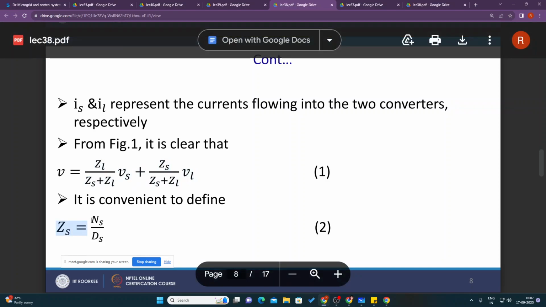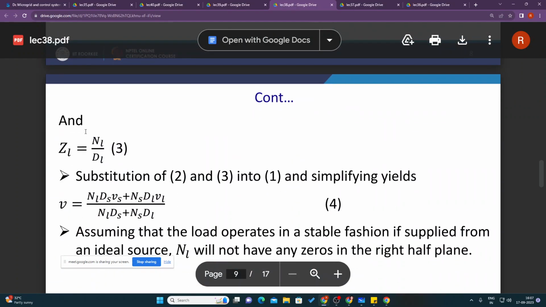Now Zs will be written in terms of Ns by Ds and ZL in terms of NL by DL.